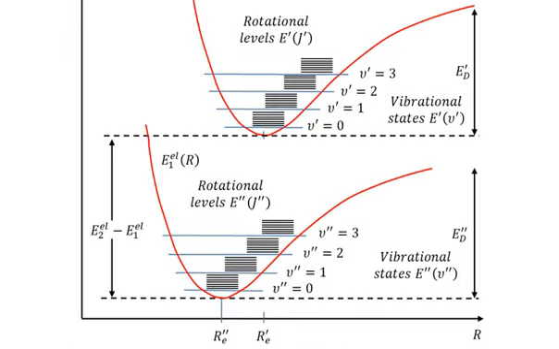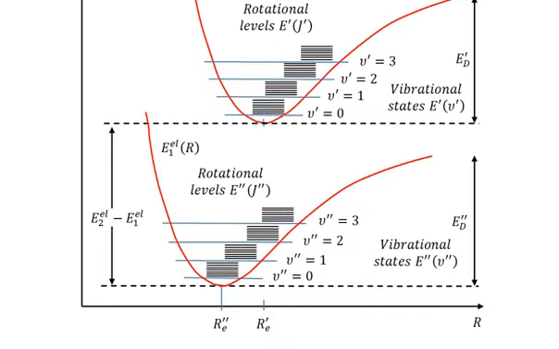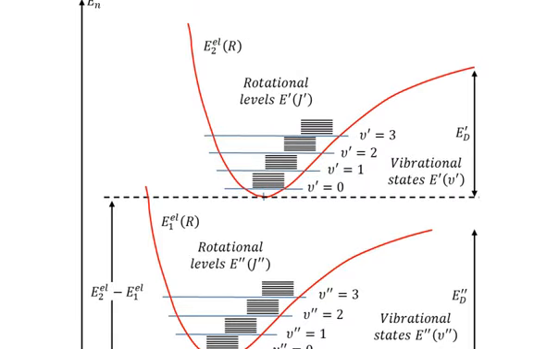So in this diagram I am considering two electronic states. One is the electronic state E1, and in the superscript I have written EL. So this is the first electronic state as a function of R, and E2EL as a function of R is the second electronic state. So these represent the two electronic states.